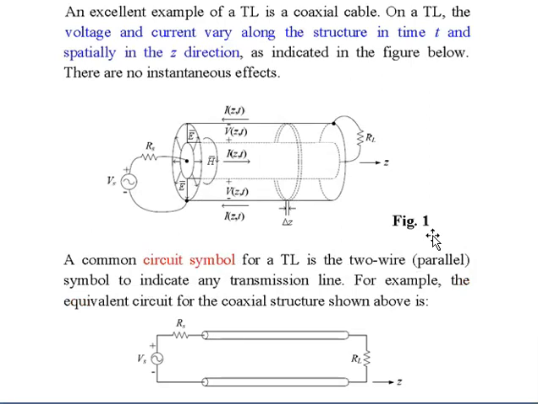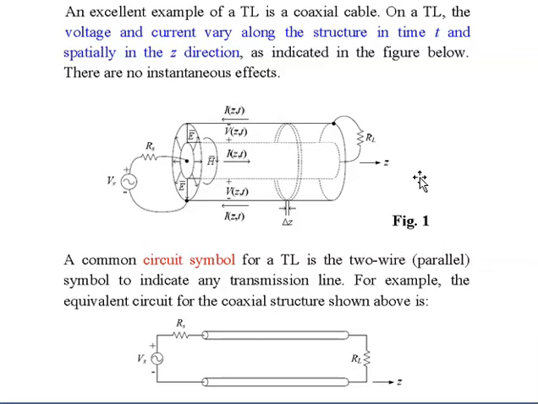So let us see an example of a transmission line here. This is the coaxial cable. On the TL, the voltage and current vary along this structure in time, t, and especially in the z direction. So z direction will be this way.